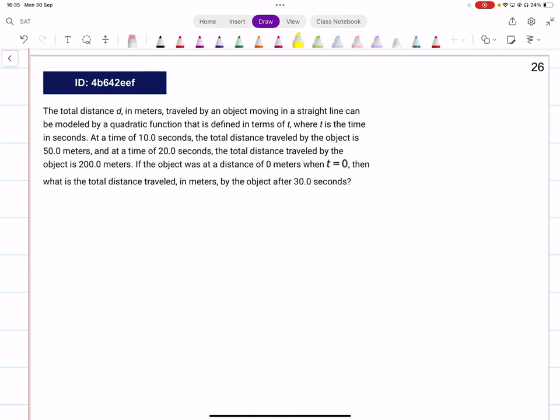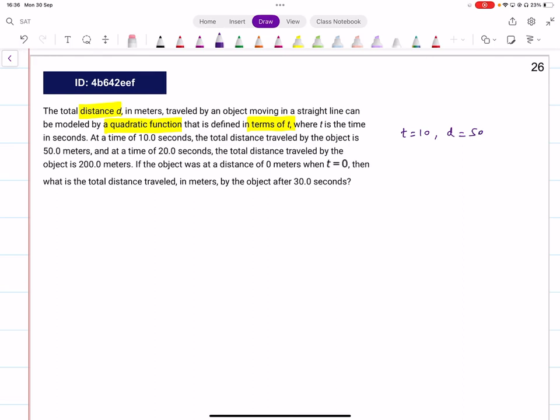Okay, so how do we think about this now? Again, it's a quadratic function, right? Ratios cannot be used. So we have distance and time. It's okay, we don't have h or k here, so we can just write it like that. At time 10, distance is equal to 50.